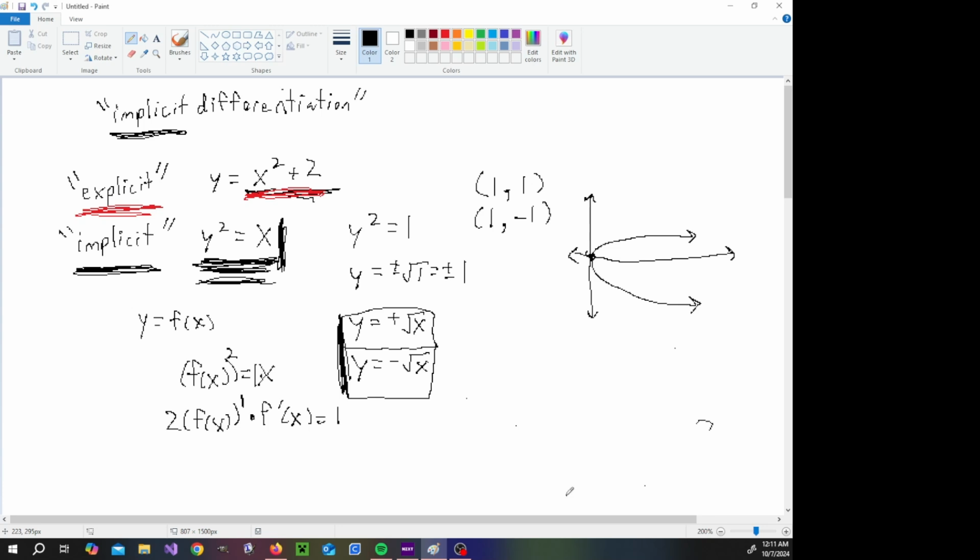So I have 2 times our function times f prime is equal to 1. And what we want to do is actually solve for my derivative and write this as 1 over 2 times the output of whatever my function is.